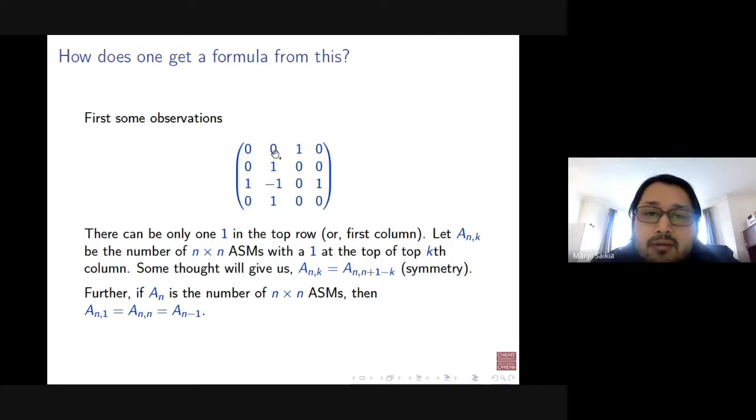And similarly, all of these will be zeros. So whatever you have here would again be an alternating sign matrix, but now of one order smaller. So this is written here: A sub n1 is just A n minus 1. So the number of alternating sign matrices with the one fixed in the first column, first position, is just the number of alternating sign matrices of one order less.